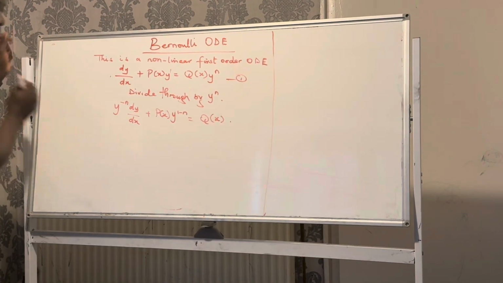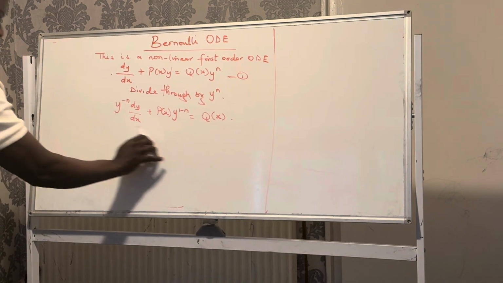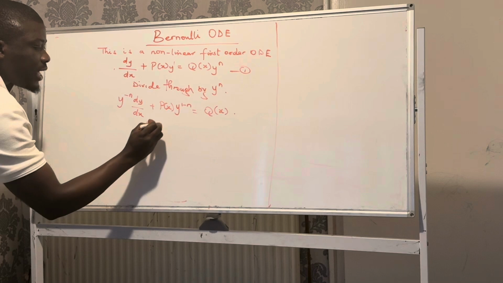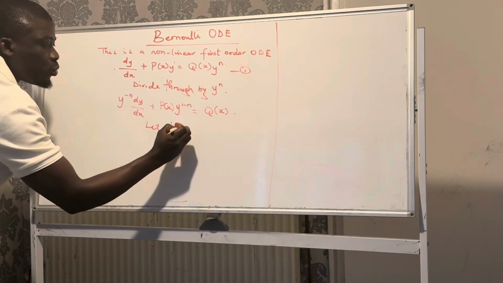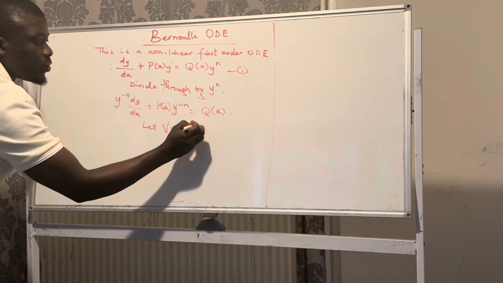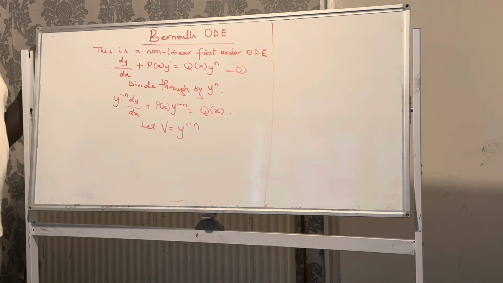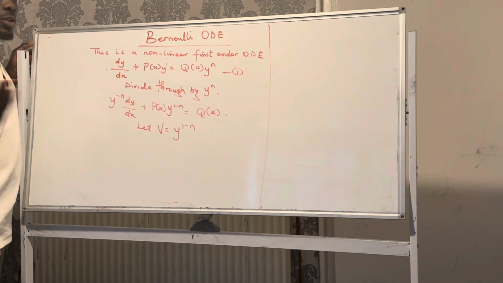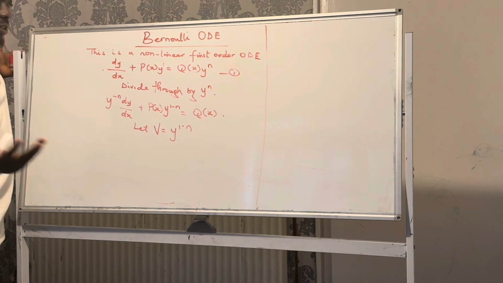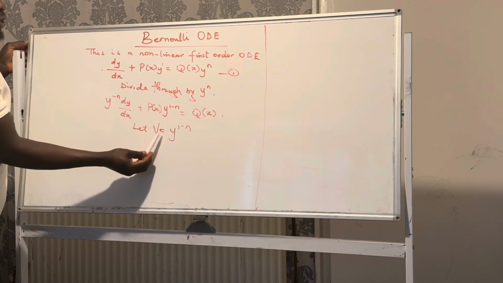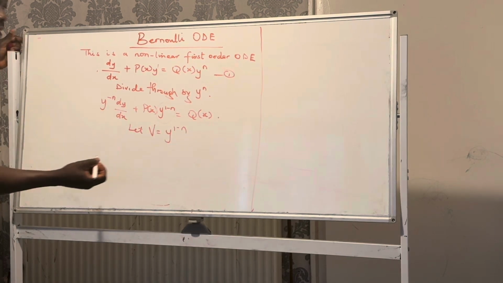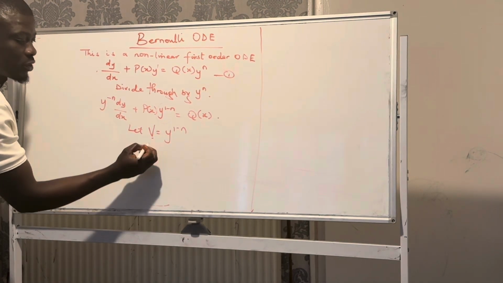Now, having said that, the next step is to let v be equal to y raised to power 1 minus n. We always represent this with a single variable like v. You can use any other letter, you can use w or z, but I assume my v to be equal to y raised to power 1 minus n, as an instance. Now, in that case, let's differentiate v with respect to x.